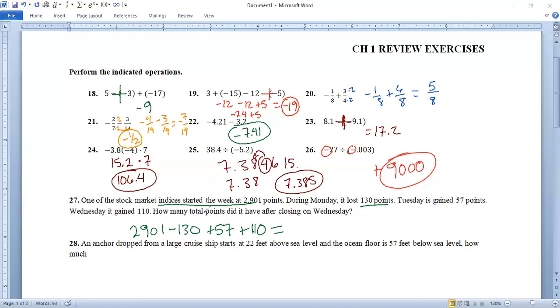So we take that 2901 minus 130 plus 57 and plus 110. And we get that it went up to 2938, all better. And yeah, so overall, what did it do? It gained a total of 37.